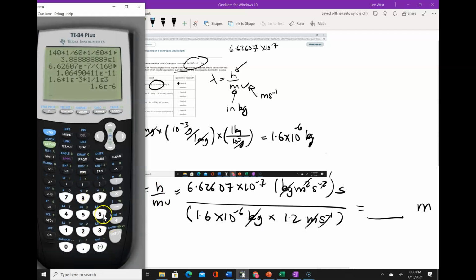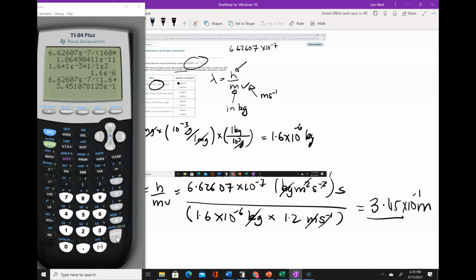So let's put our math in. 6.62607 by 10 to the minus 7 divide parentheses mass in kilograms 1.6 times 10 to the minus 6 times our velocity in meters per second 1.2 close parentheses, hit enter, and there it is, 3.45 by 10 to the minus 1 meters.